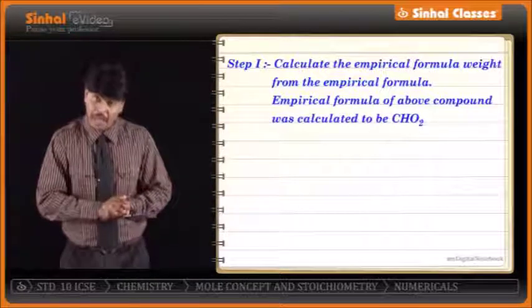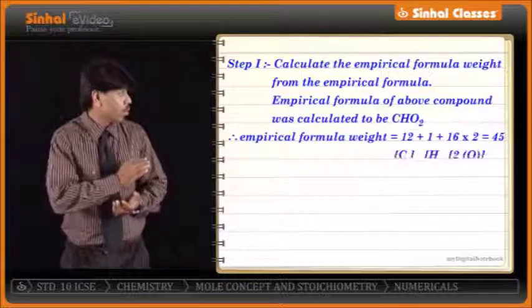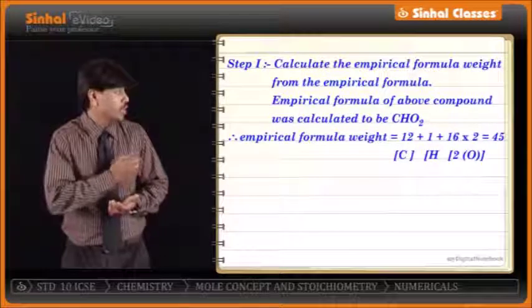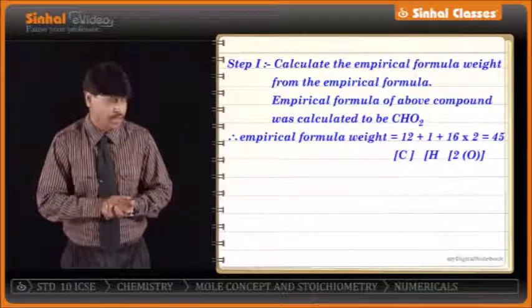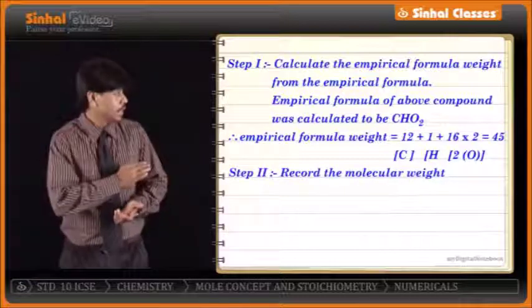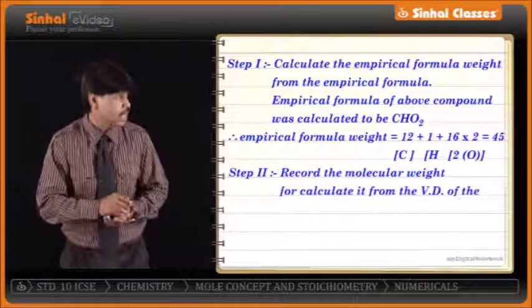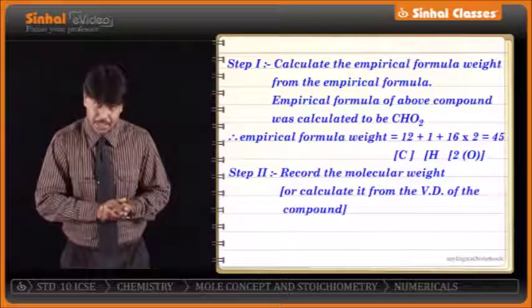That is, empirical formula weight will be 12 for carbon, 1 for hydrogen, 2 oxygen, that is 16 into 2, total comes out to be 45. Step 2, record the molecular weight or calculate it from the vapor density of the compound. Molecular weight from the vapor density.